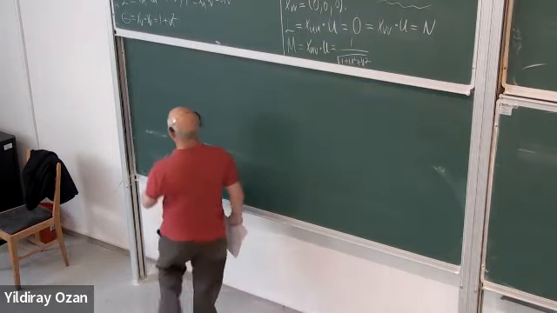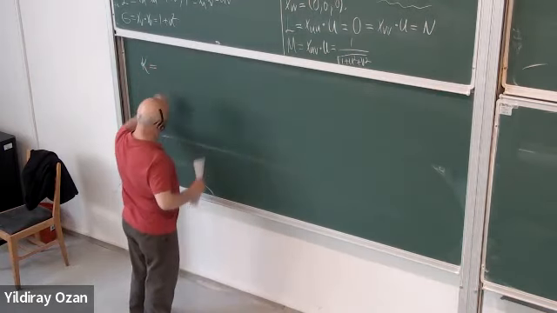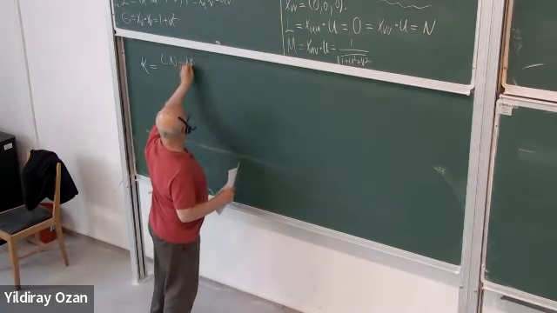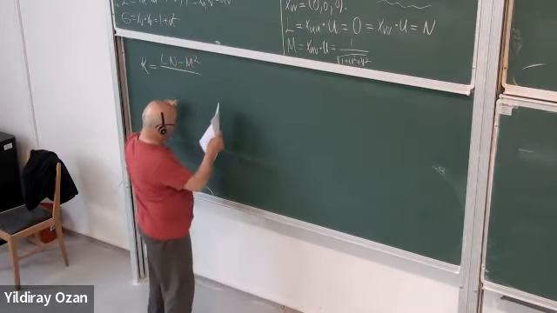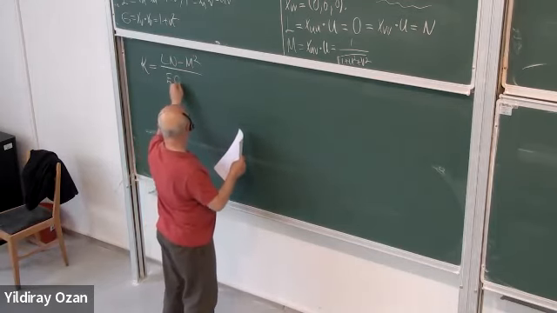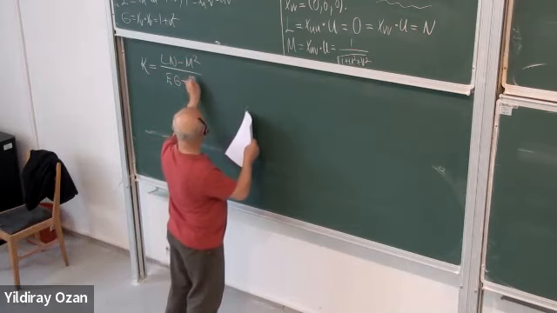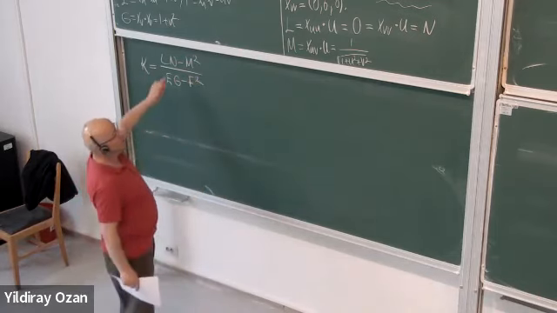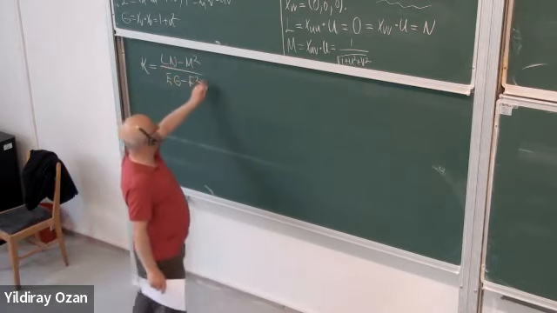And finally, what was K? Gaussian curvature, L times N minus M squared divided by EG minus F squared, right? So L and N are already 0.